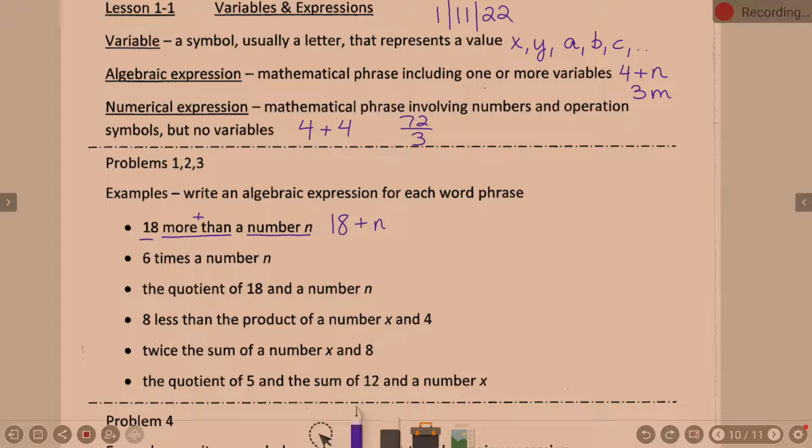Because it's adding, just go back and think. 2 plus 3. Is that the same as 3 plus 2? Yep. So another way to write this would be n plus 18. I will accept either or, and Math Excel would accept either or. Okay?